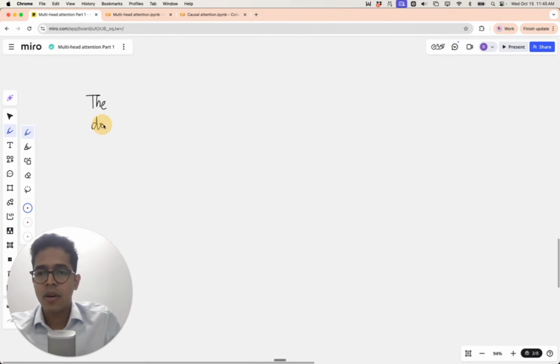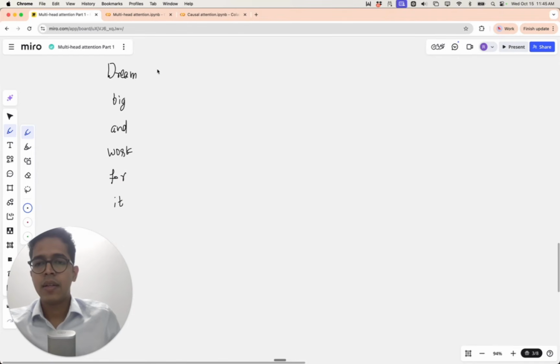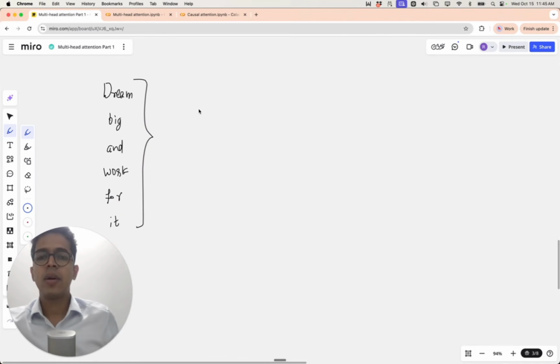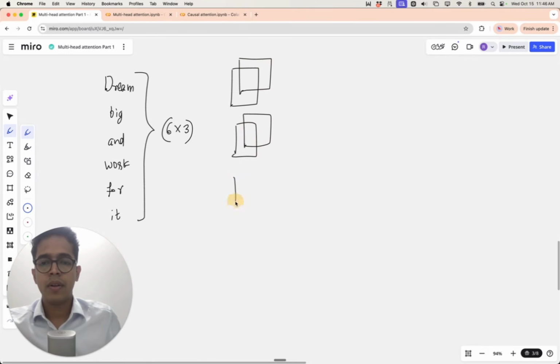Let's say the sentence is "dream big and work for it". So how many tokens are there? There are a total of 6 tokens, and let's say each token is represented by a 3-dimensional vector. This will be a matrix of dimension 6 by 3. Then in multi-head attention, we have WQ1, WQ2, WK1, WK2, then WV1, WV2.